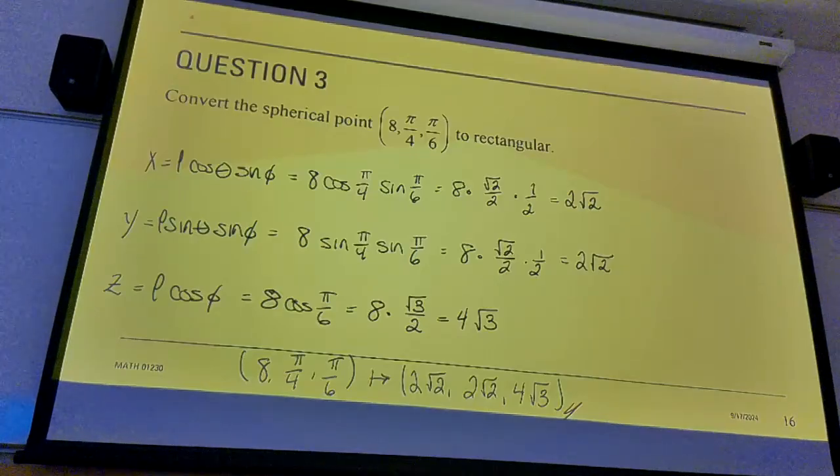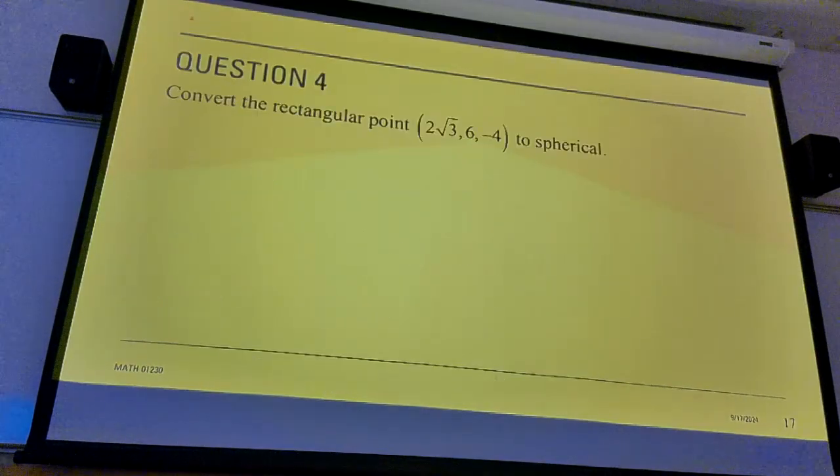Rectangular to spherical. What's the first relation? Rho squared is equal to x squared plus y squared plus z squared.